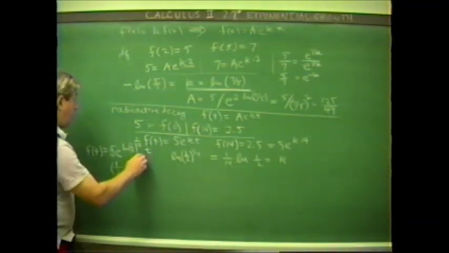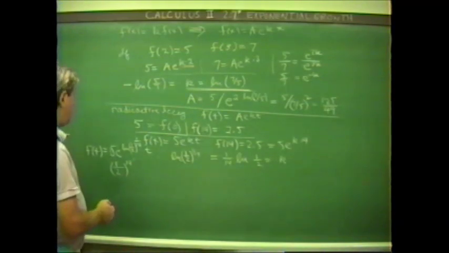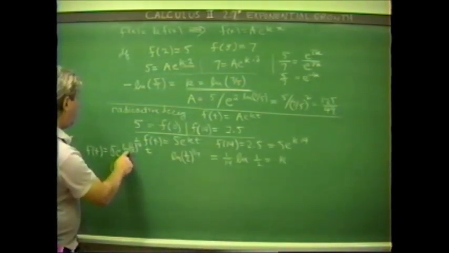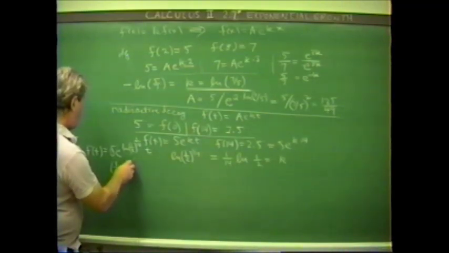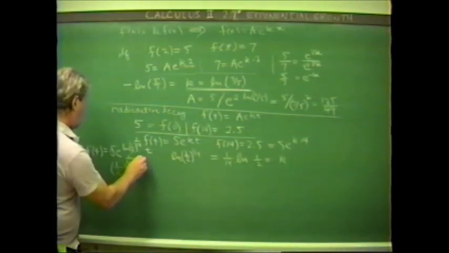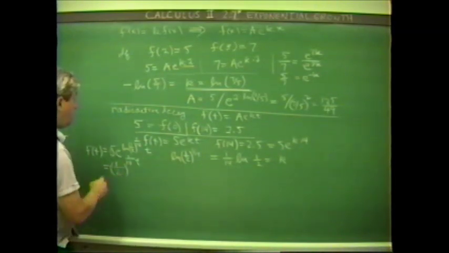And then this is to the t power. So we can bring the t inside and write this as f of t is 5 times a half to the t/14 power.